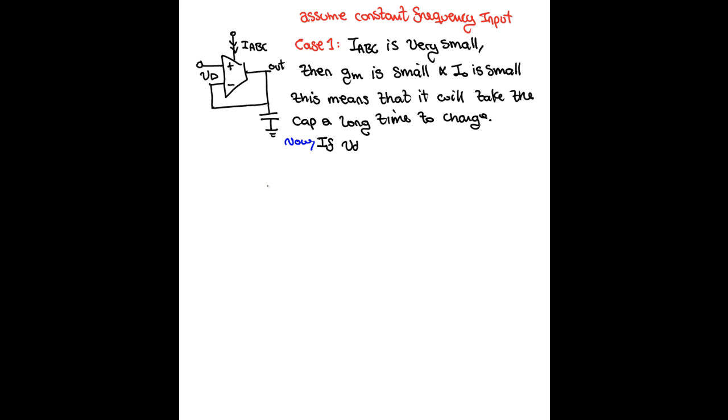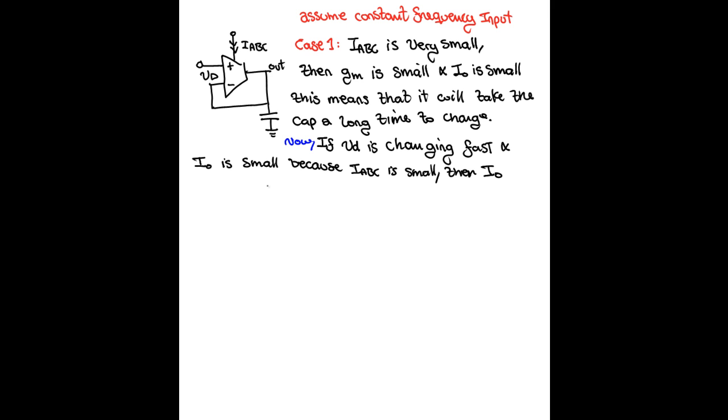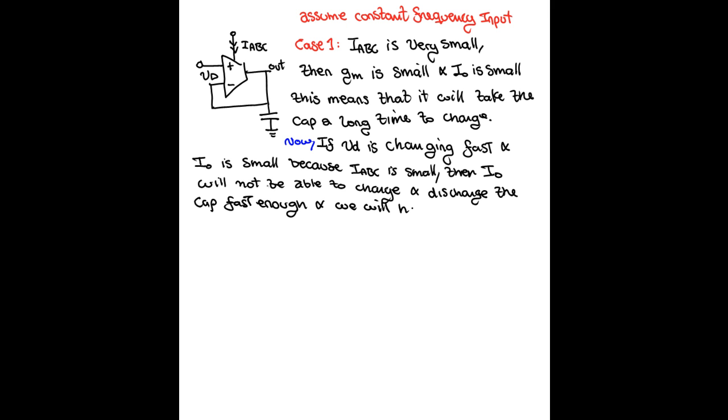Now, if Vin is changing fast, and I out is small, because IABC is small, or I bias is small, then I out will not be able to charge and discharge the capacitor fast enough, and we will have a short at the output.